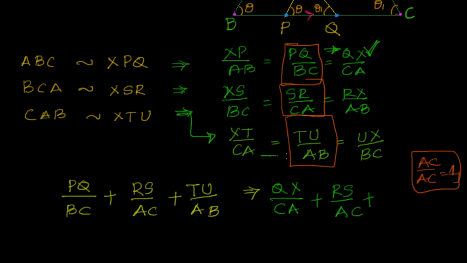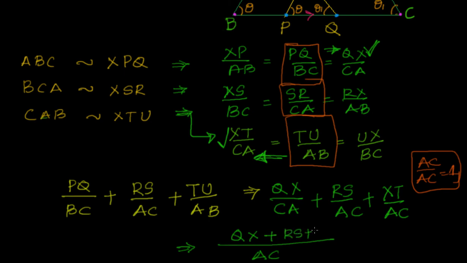That also I want to convert into a denominator of AC, so I can write down XT by AC. Very interesting. We have everything with AC. The only problem is, now I have to prove that whatever the numerator I have should be equal to AC. So QX plus RS plus XT by AC, I have to prove that it is equal to 1.